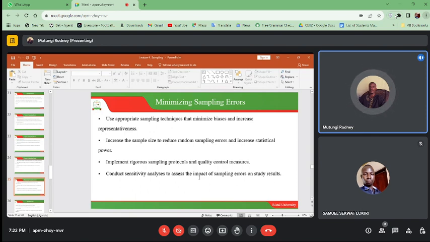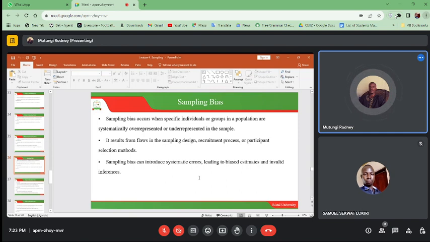Then also you need to implement rigorous sampling protocols and quality control measures. And also, before you roll out your sampling technique, do sensitivity analysis and assess whether this technique will create errors or bias, so that if it does, you implement another alongside it or another, and you leave this one that has a lot of errors altogether. Okay, so that was sampling error.